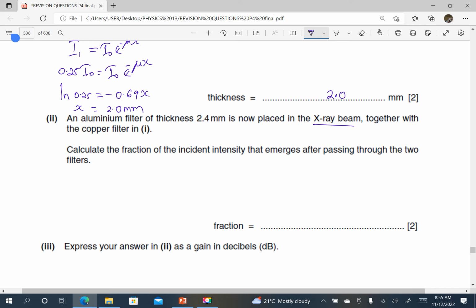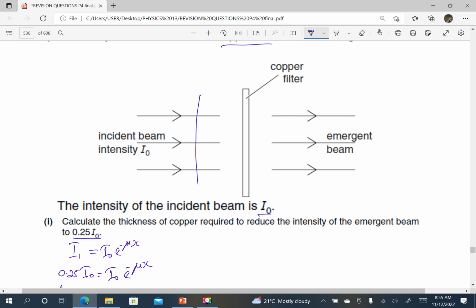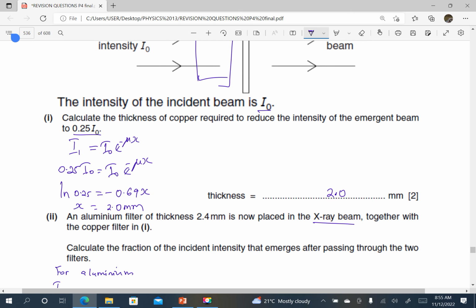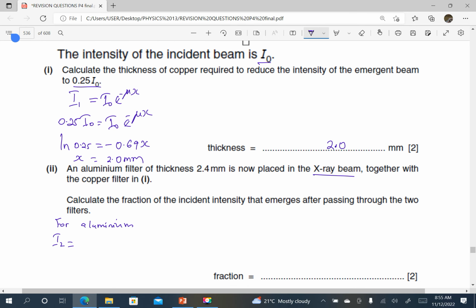So for aluminium, I'll call this one I2. Remember, it seems they have put an aluminium filter here before it reaches the copper, so it first has to go through aluminium, then the copper. But no. An aluminium filter of thickness is now placed in the X-ray beam together with the copper filter in part 1.